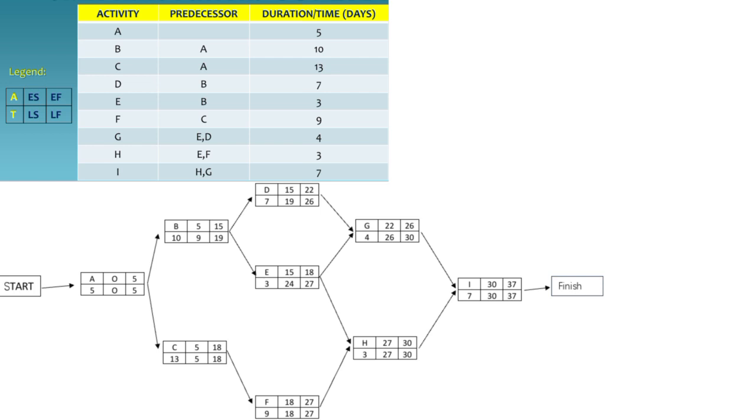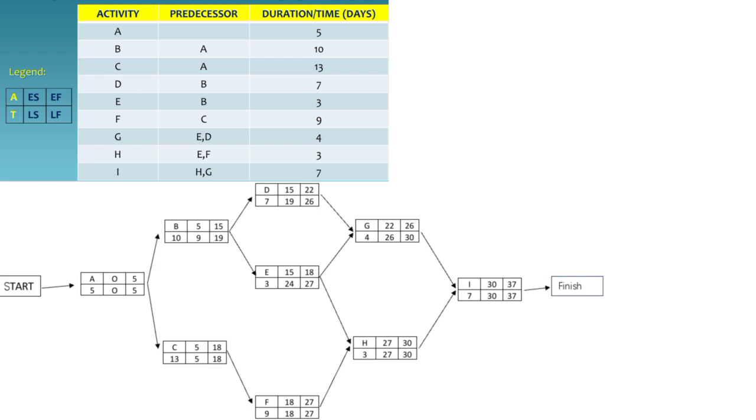The late finish for activity G is the minimum of the late start of its immediate successor, which is activity I with late start of 30. The late start for activity G is calculated as LS equals LF minus duration, equivalent of 30 minus 4 equals 26.